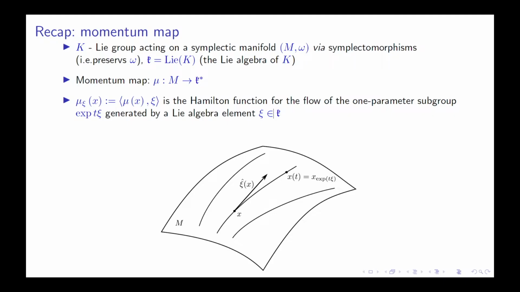So we can apply this dual on our element of the Lie algebra. This is a numerical function, and this function is the Hamilton function for the flow induced by the one-parameter group generated by this Lie algebra element. This is the core of the construction.